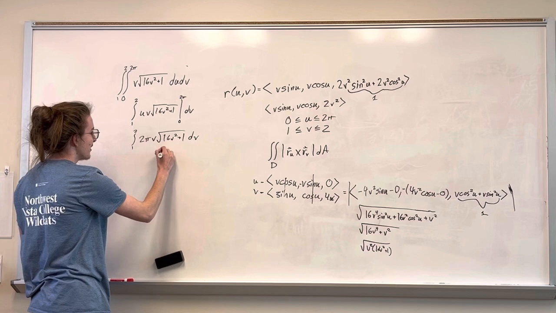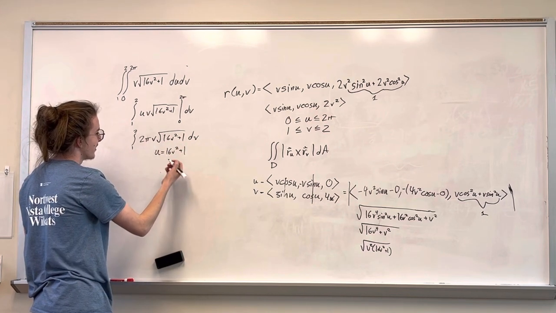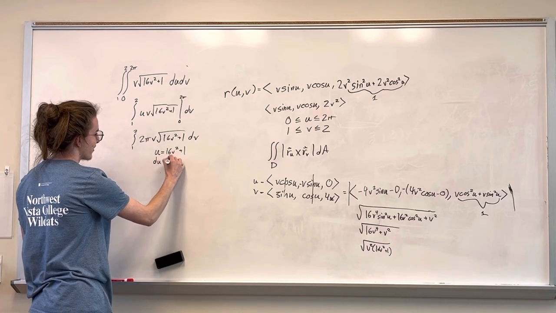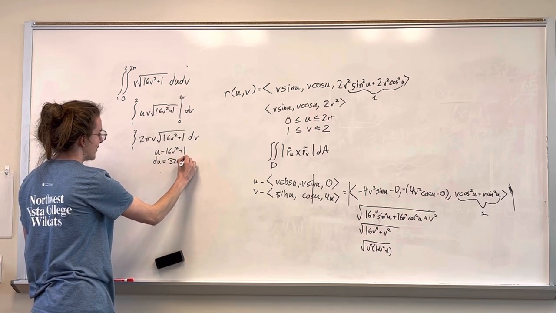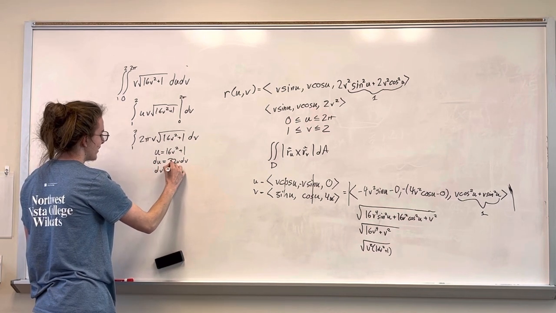So let u equal 16 v squared plus 1. Take the derivative. That's 32v dv. So dv is equal to du over 32v.